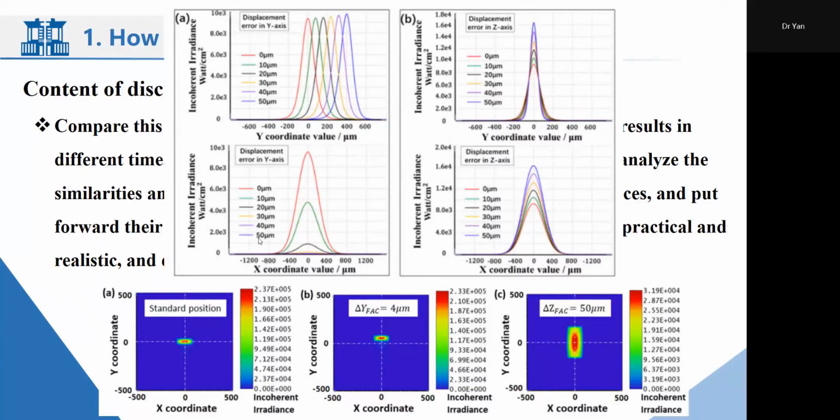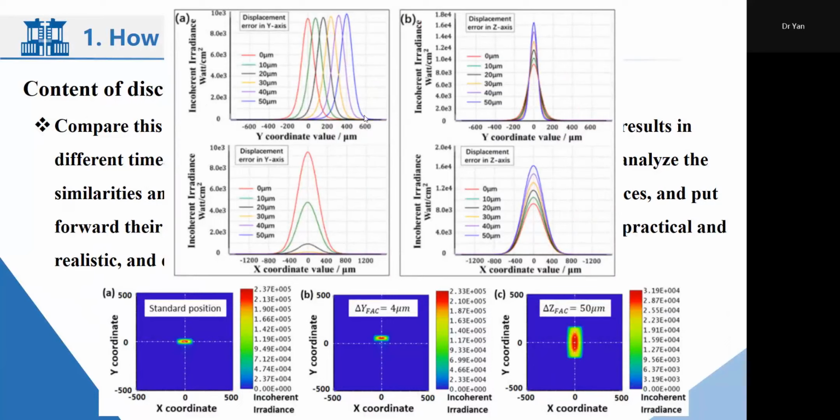But maybe for one set of the results, there is a difference. For this one here, when the displacement is going up, the irradiance is going down.